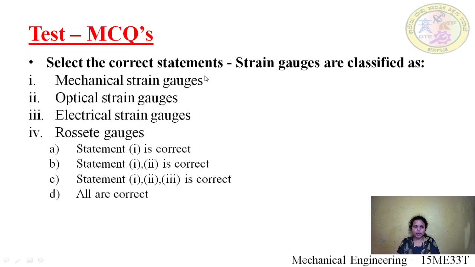Select the correct statements. Strain gauges are classified as number 1, mechanical strain gauge, second, optical strain gauge, third, electrical strain gauge, fourth, rosette gauges. Option A, statement 1 is correct.